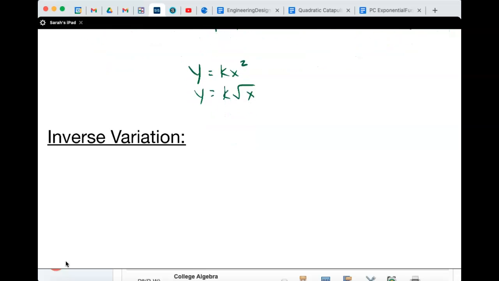Inverse variation is basically the opposite of direct variation. So direct variation was multiplying. Inverse variation is dividing. So my inverse variation equation will look like this: y equals k over x. So basically we have a rational function, which is what we've been doing.